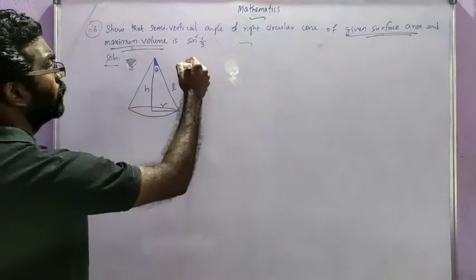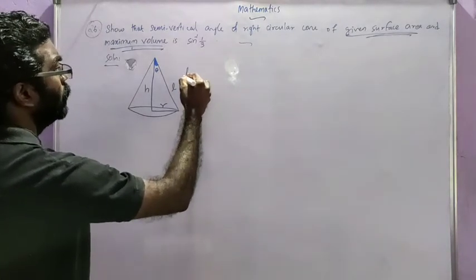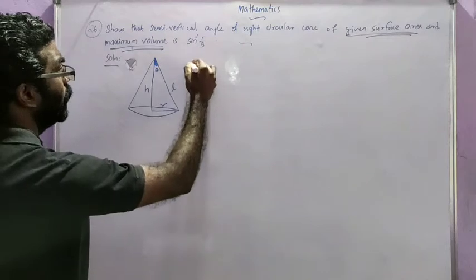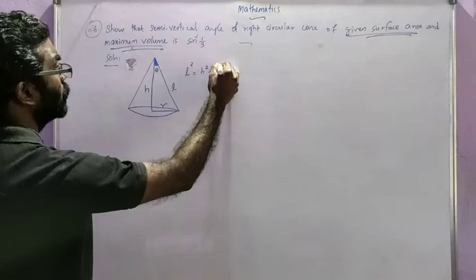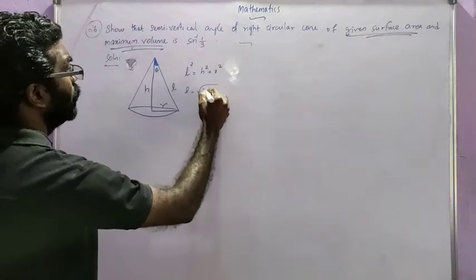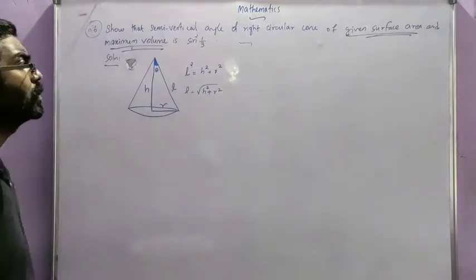The relation connecting L, R and H is L square equal to H square plus R square, or L equal to root of H square plus R square.